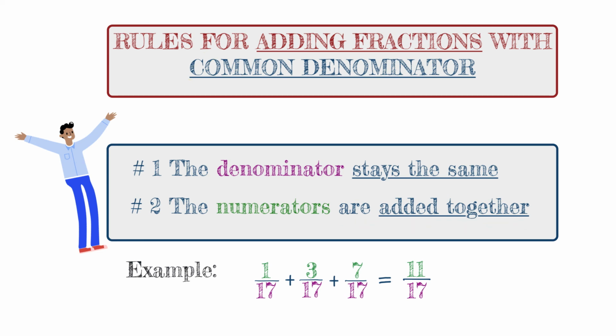So in the example here, the denominator 17 is common to the 3 fractions. My answer will have 17 as a denominator. And to know what the numerator is, we add 1 plus 3 plus 7. Voila!